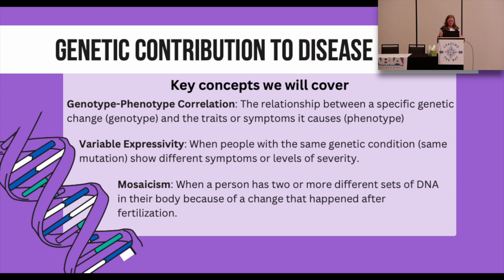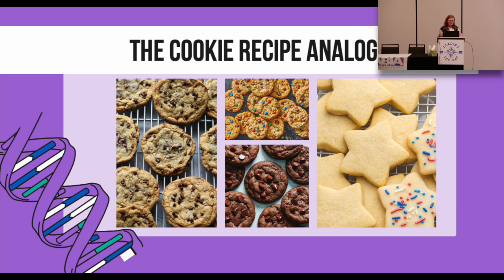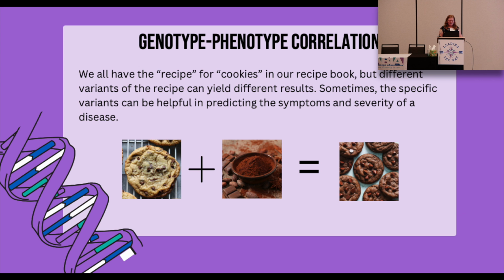So to go into a little bit more detail about this, I'm going to use another kind of recipe type analogy with cookies. So if we think of our genotype-phenotype correlation analogy, we have a recipe for cookies in our recipe book, but different variants of the same recipe can yield different results. Sometimes if we know the specific variant, it can be helpful in predicting.